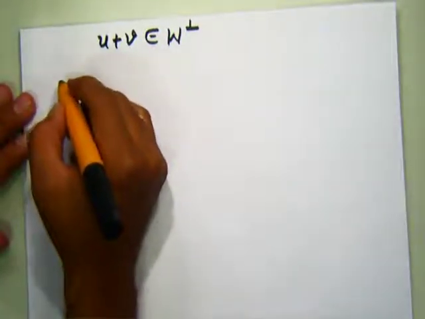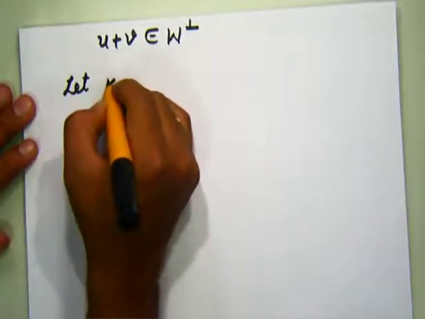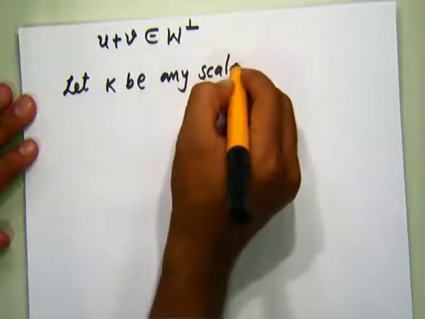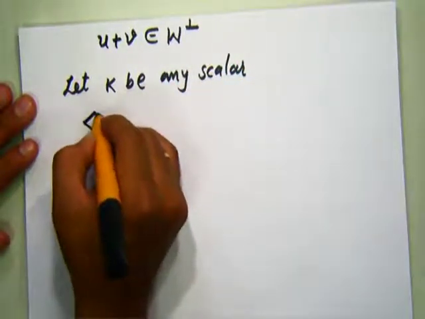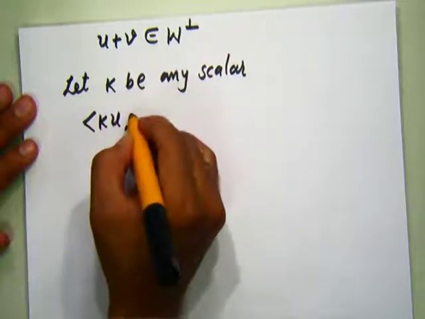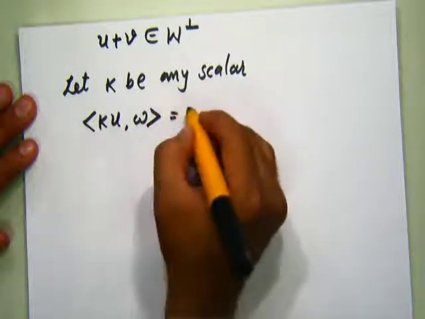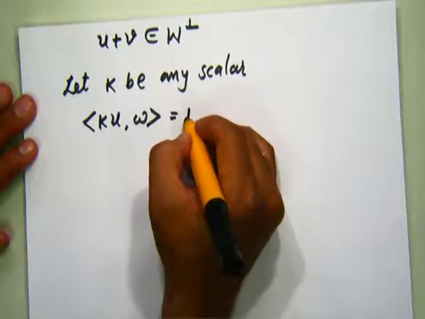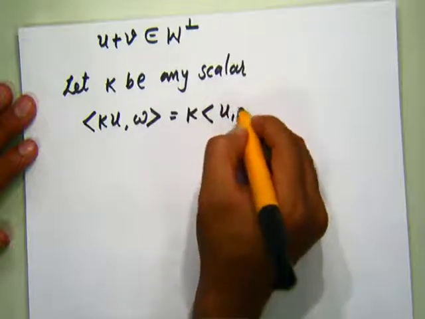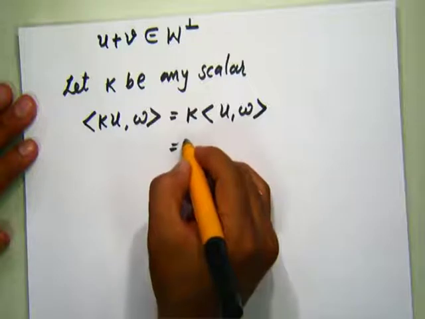And now closure property for scalar multiplication. For that, let K be any scalar, and we want to verify whether KU belongs to W complement or not. Again, using the definition of inner product, it is K times the inner product of U with W, and this is 0.